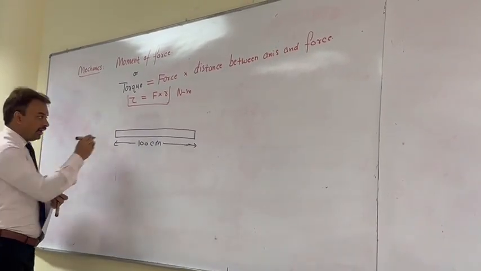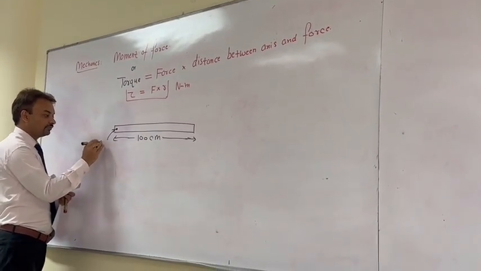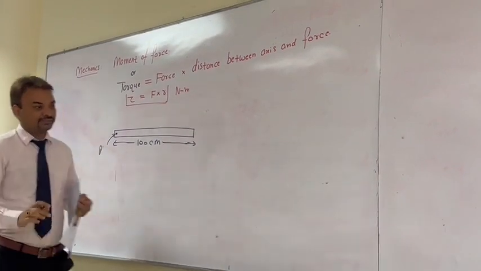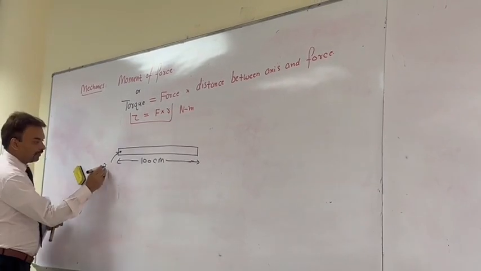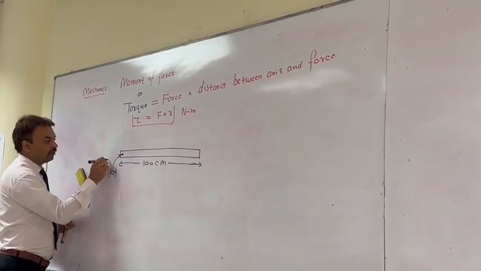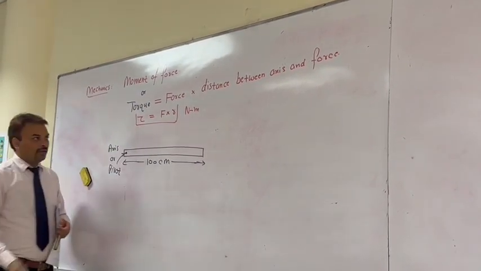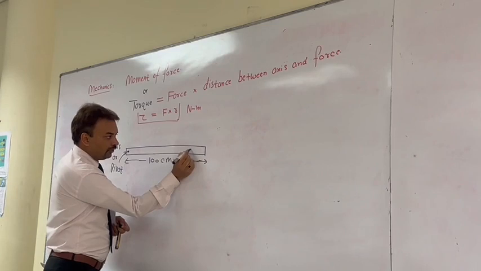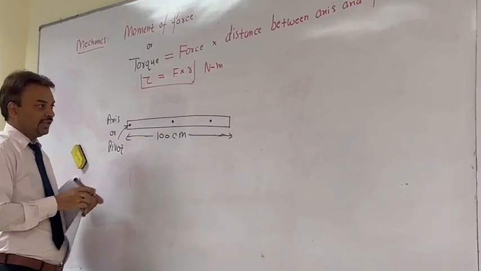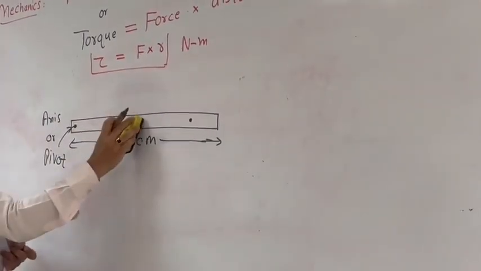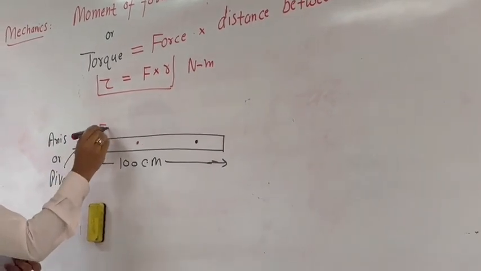This point is fixed, and this point is called the pivot, or you can call it the axis. This is the center, which is 50 centimeter.